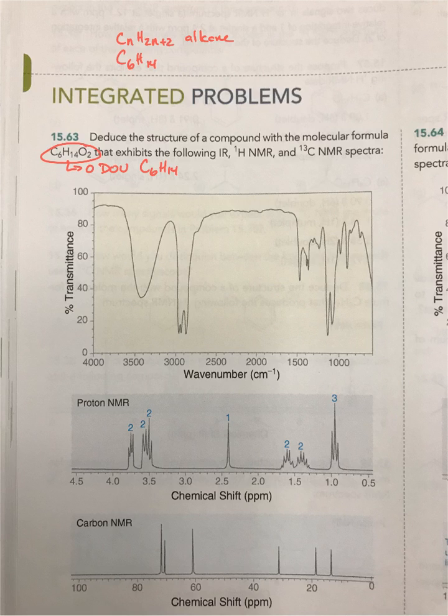So 0 degrees of unsaturation. What's in the IR? So there's CH, that's like, big deal, everything has CH. So what else is in there? So we have an OH.